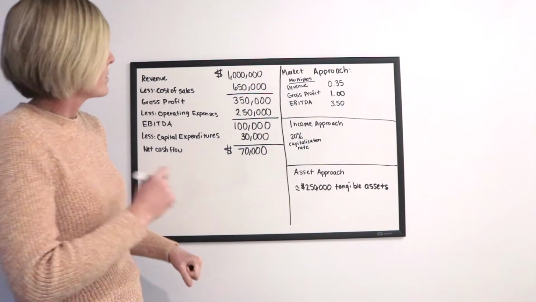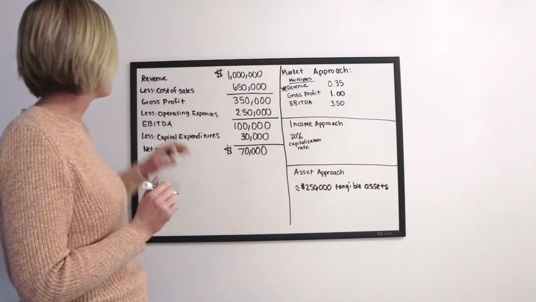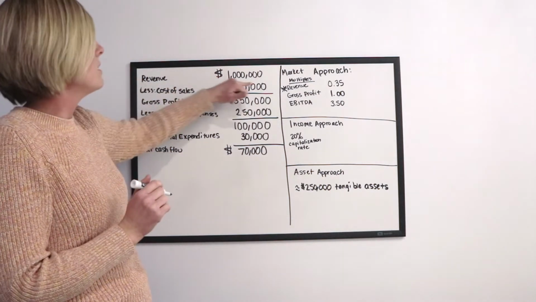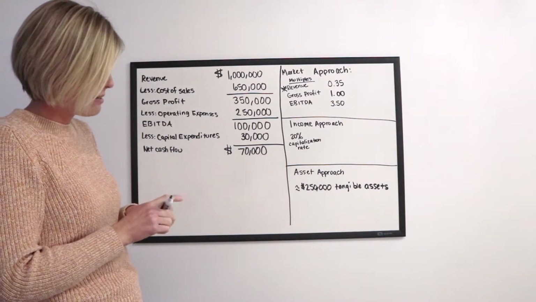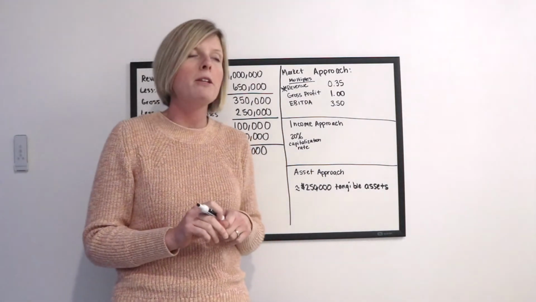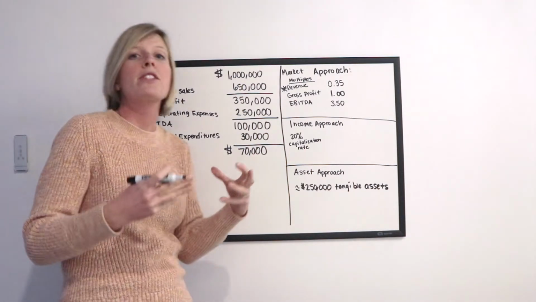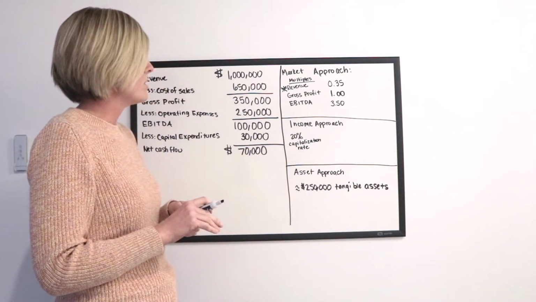Our first multiple here is revenue. A revenue multiple derives value from that top line, 1 million mark here. Basically what we're saying is that by looking at all these other companies, their revenue was about 35% of what they ended up selling for.